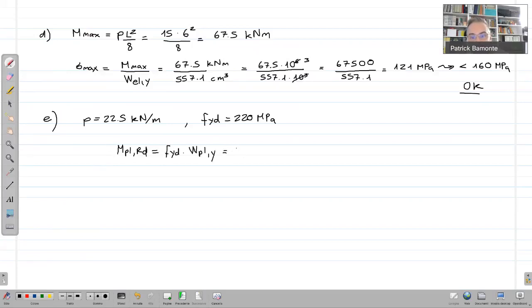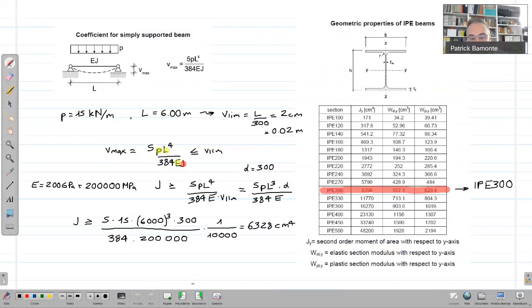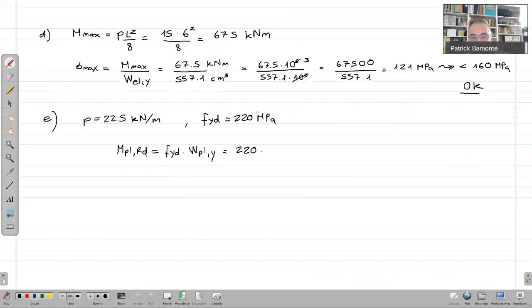So the calculation is 220 multiplied by, let's look in the table, what is the plastic section modulus for IPE 300, 628.4. So here we put 628.4, but in order to be consistent, I want to transform this quantity into millimeters to the power of 3, so cubic millimeters.